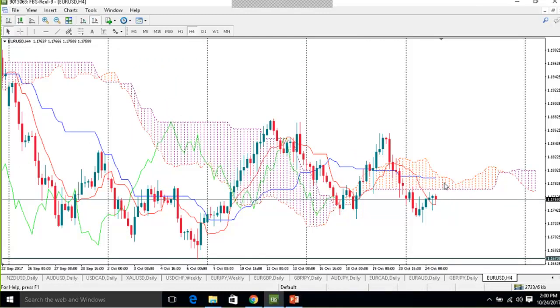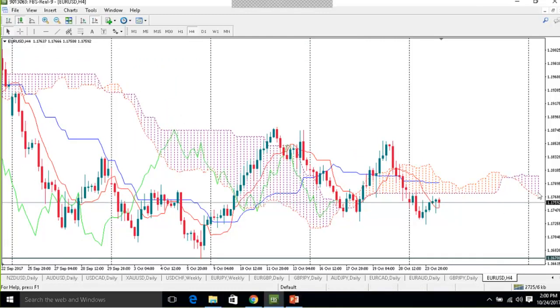Yeah, the picture changed a bit. The cloud here is negative. The price is below the cloud, but it has some last support of this line at 1.1750.